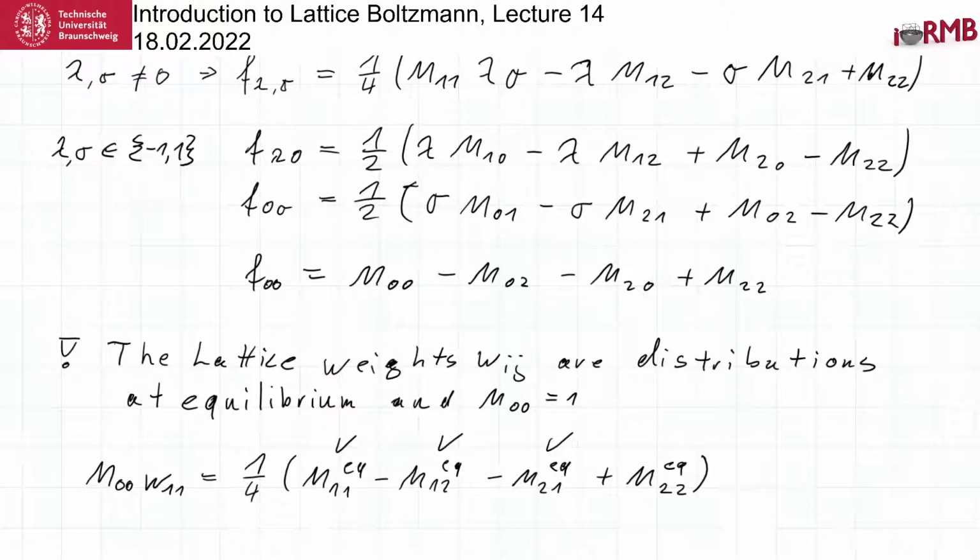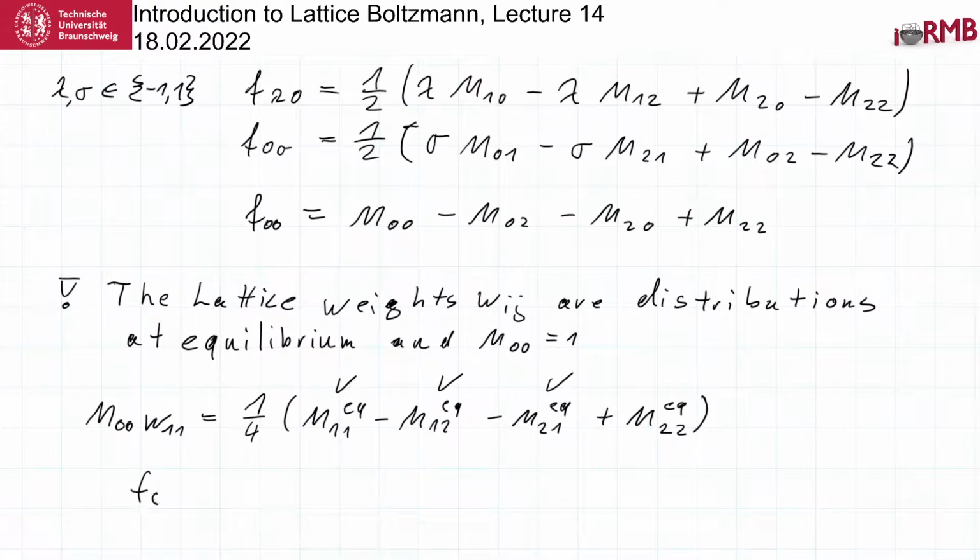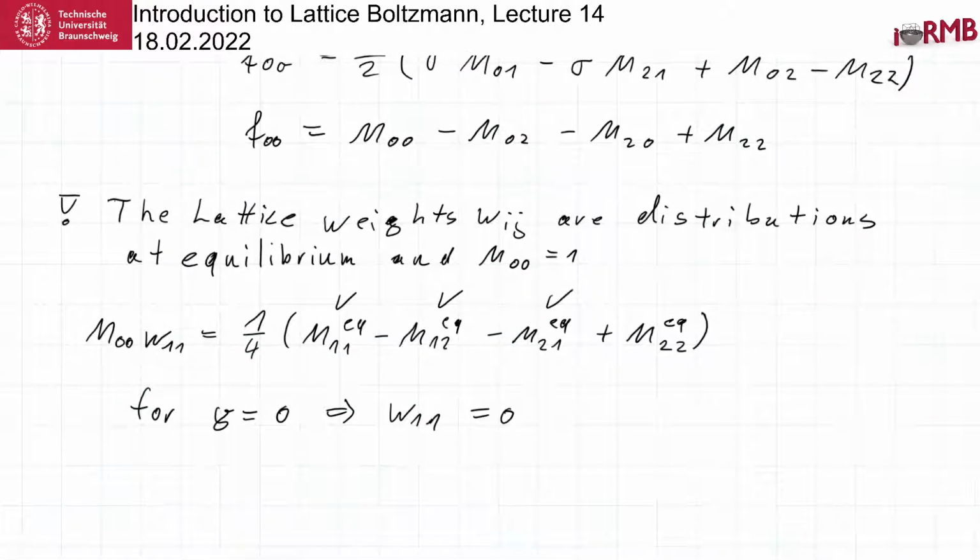So we have not made any decision on this here. In principle, we could also set this guy to 0 by putting gamma equal to 0. And then we will have the weight w11 is equal to 0. Yeah, and this is funny.